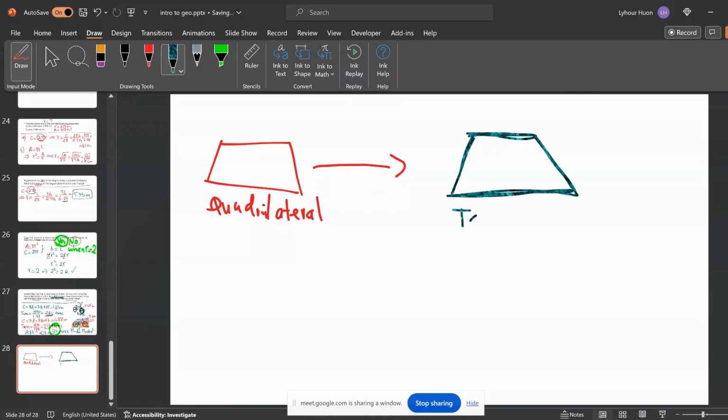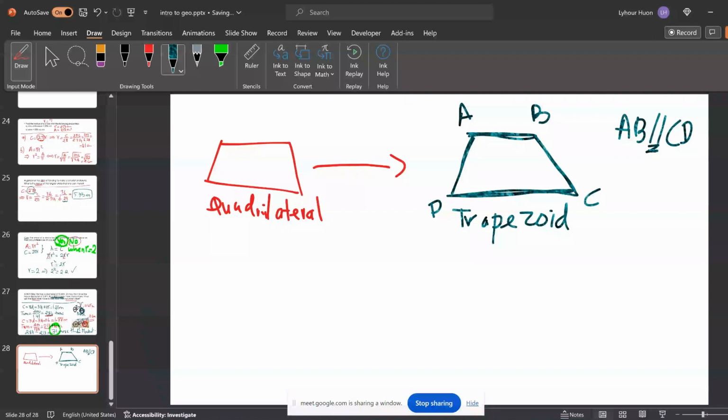Their condition, let's say, okay, let's name it A, B, C, D. So when AB is parallel to CD, this is a trapezoid. This sign is the parallel sign.